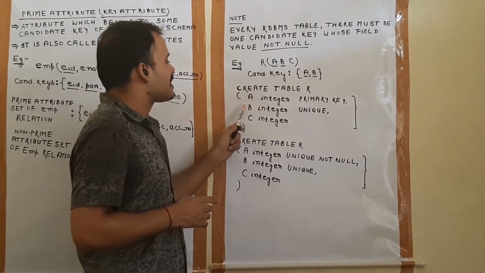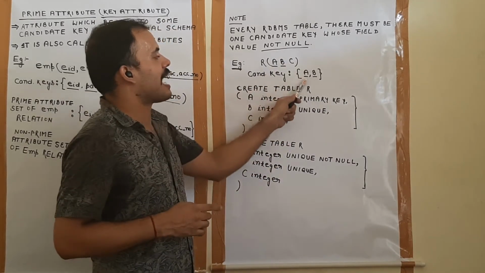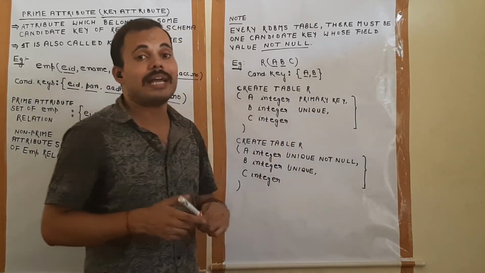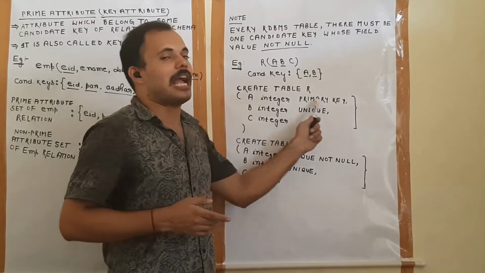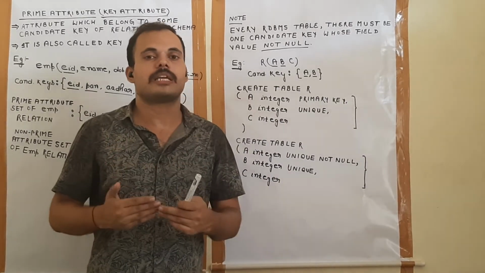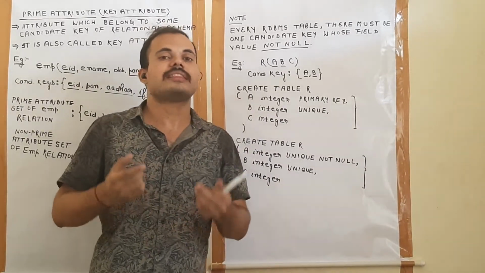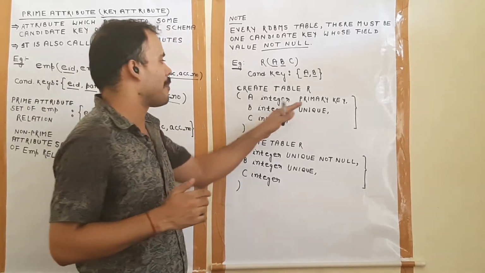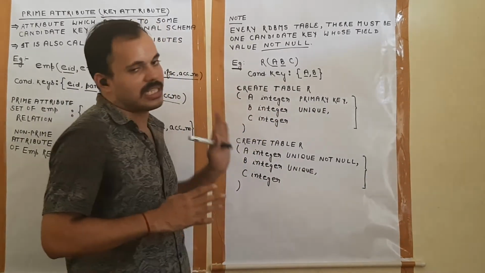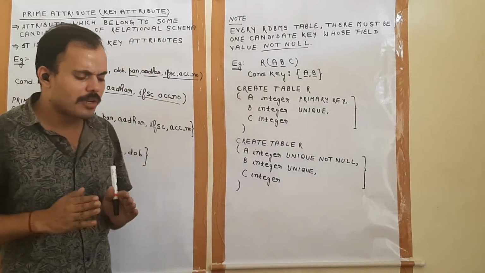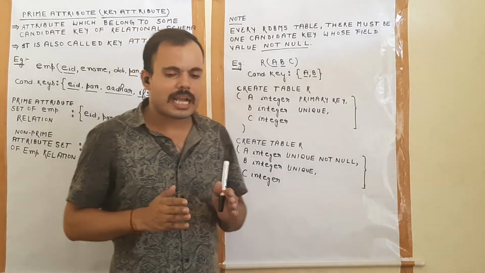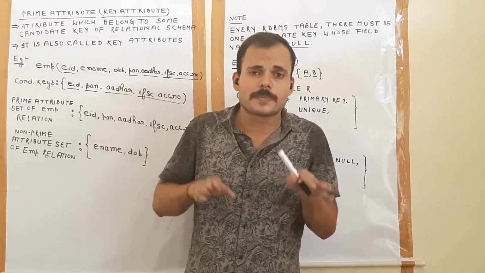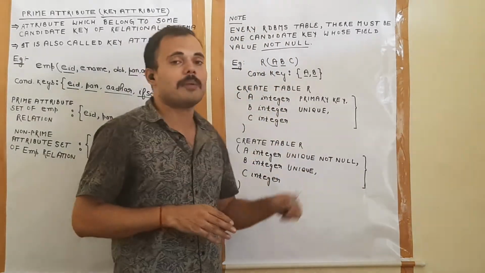A is a candidate key whose field value is not null. Why not null? Because A is primary key, and in primary key there is a constraint that nulls are not allowed, so it is satisfied here. But we know that there can be 0 primary key or 1 primary key. No other options are there.